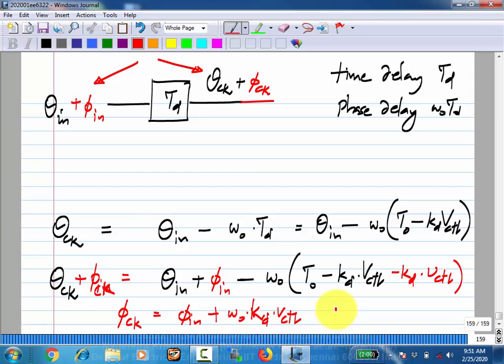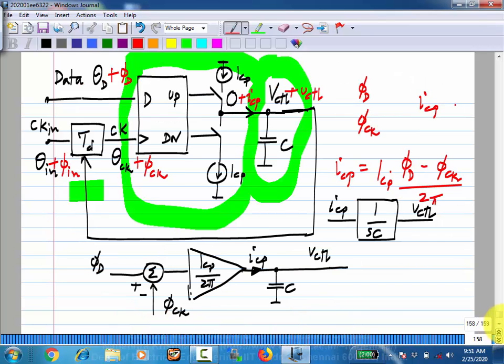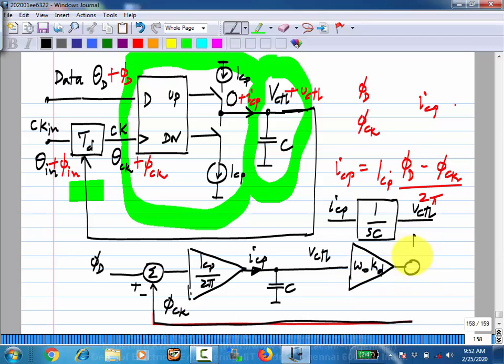The operating point control is required to set the clock in the middle of the data. It could be half a volt, it could be 200 millivolts, whatever. That's not relevant. Only the increment is what appears in the model. So how does this come out now? This phi Ck will be this V control multiplied by omega naught times Kd added to the input clock phase phi n.